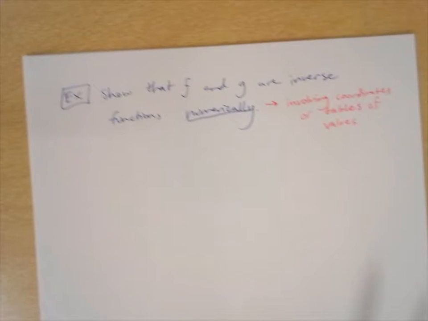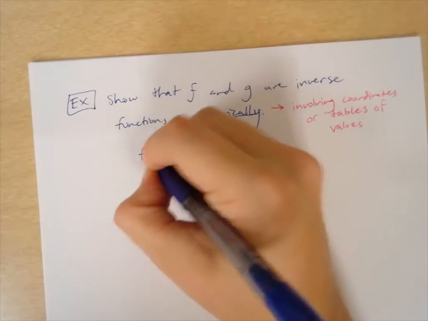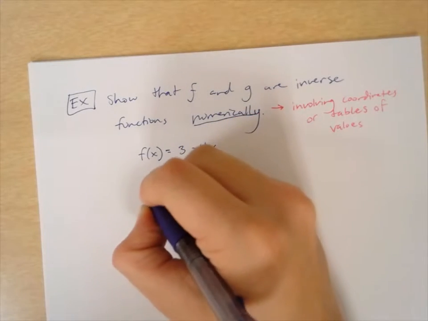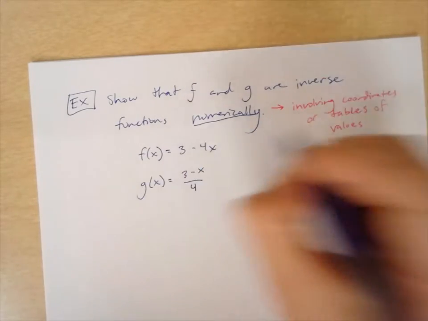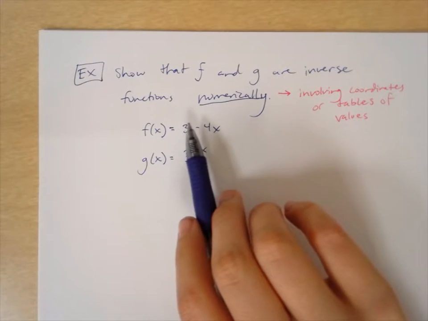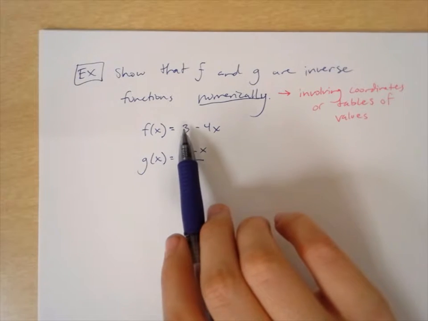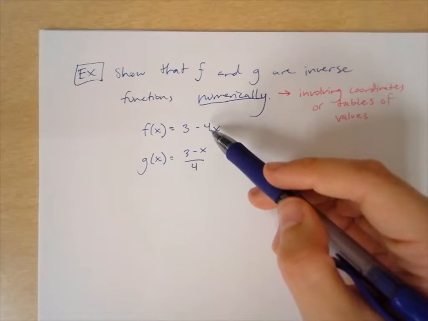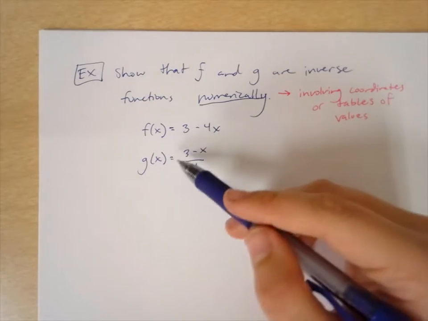So we can first prove this numerically in a couple of ways. If we look at f of x, which is 3 minus 4x, and we look at g of x equals 3 minus x over 4, we know that the domain of f of x is the range of g of x, and the range of f of x is the domain of g of x.